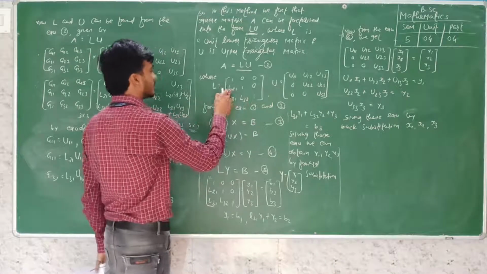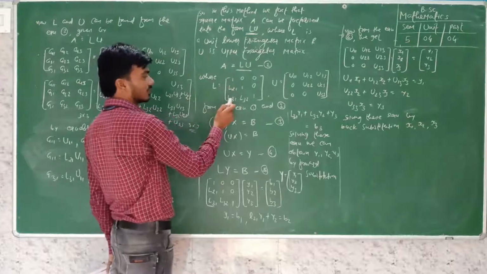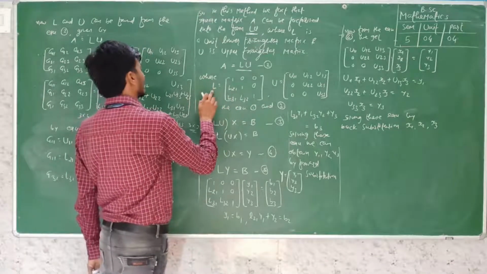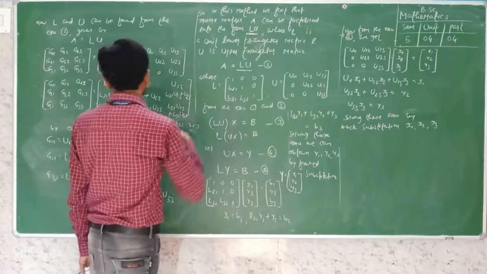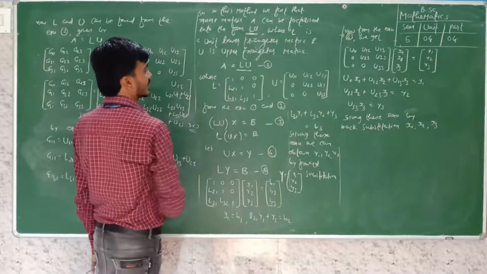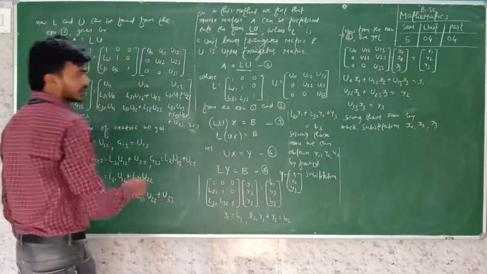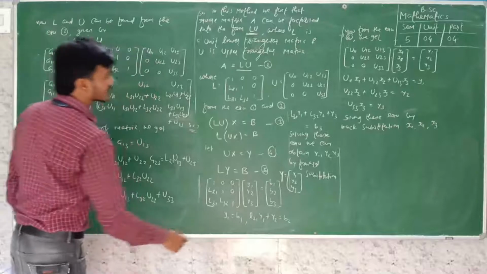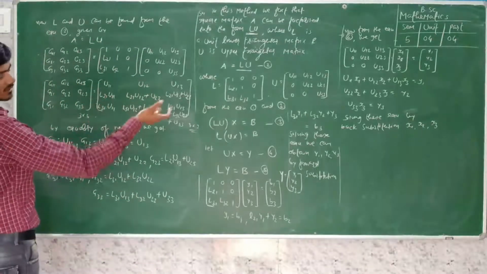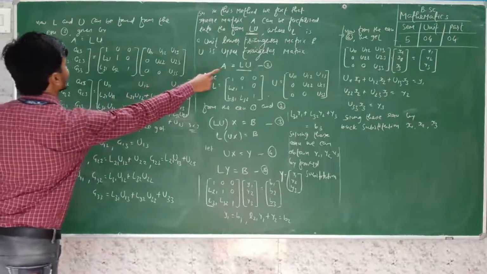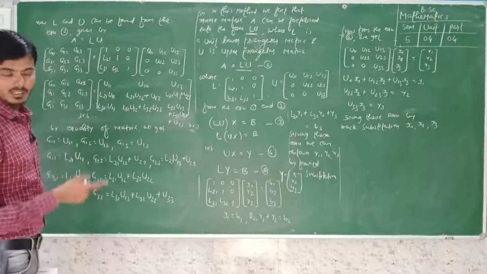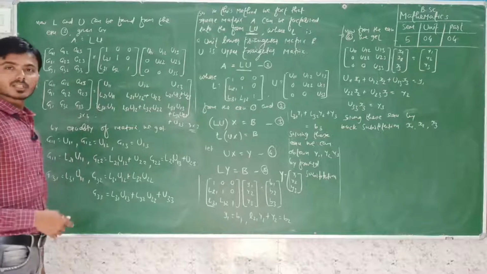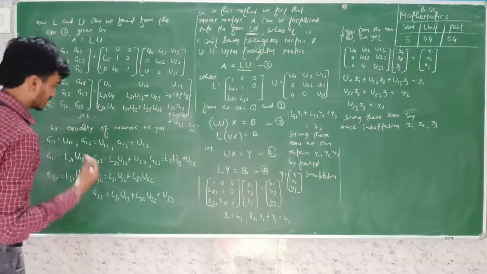And whenever we have the values of L21, L31 and L32, we have the unit lower triangular matrix. The multiplication of L and U forms matrix A, which is retrieved from the given system of linear equations.